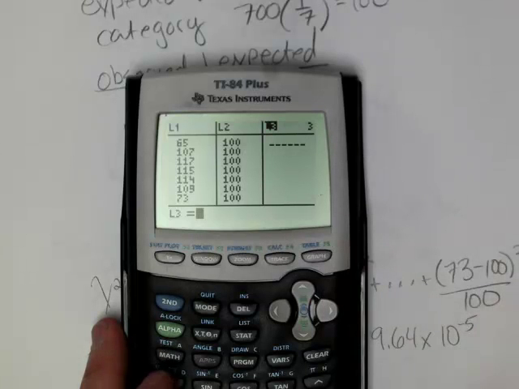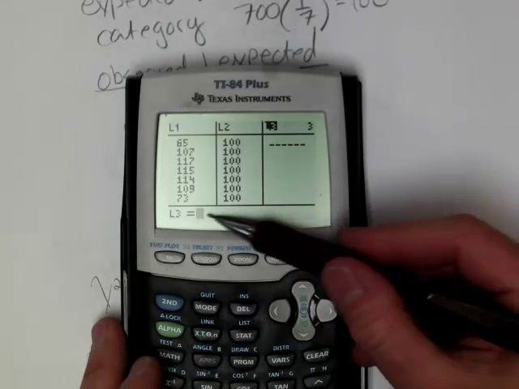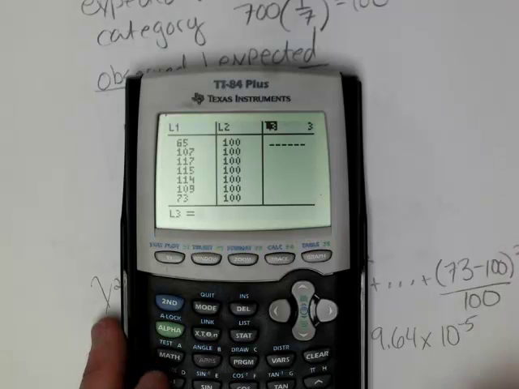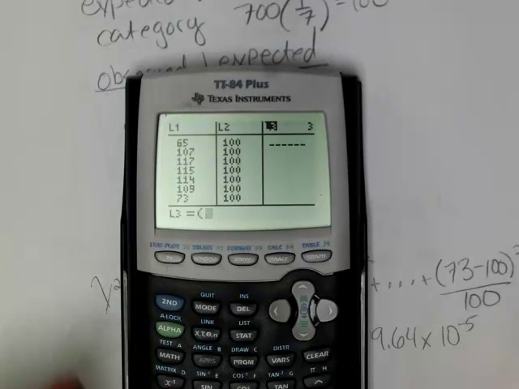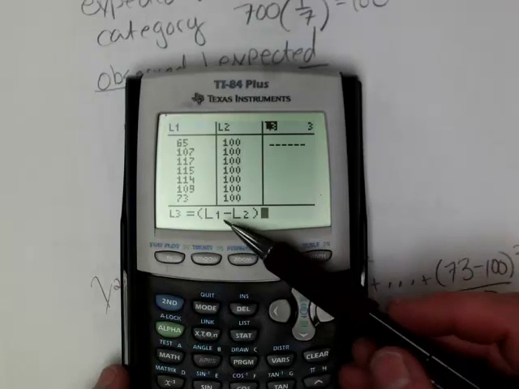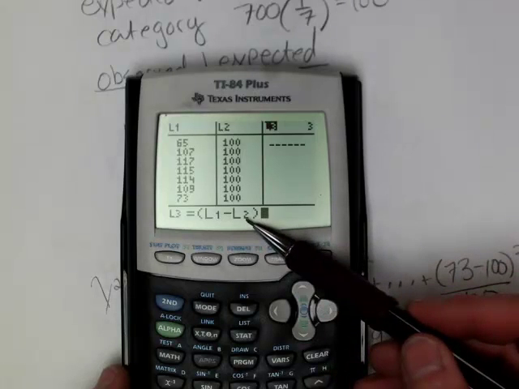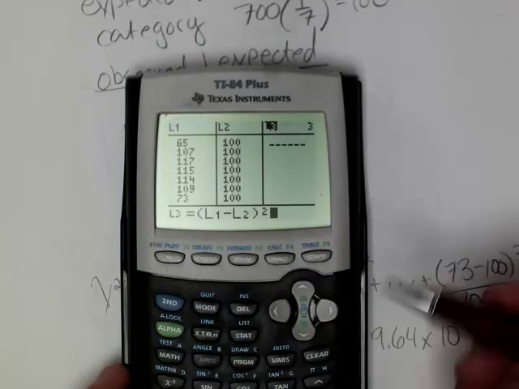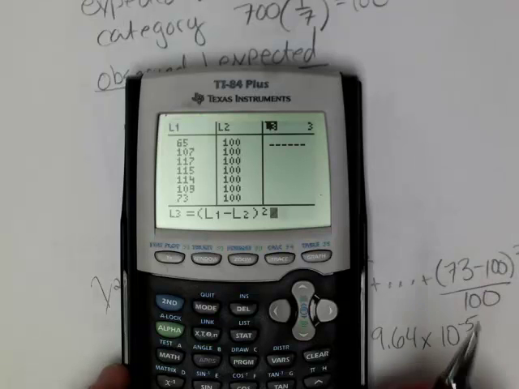I'm going to literally put in here an expression for the test statistic. It's going to be opening parentheses, List 1 minus List 2, close parentheses. This is the observed minus the expected, squaring that, and then dividing by the expected.